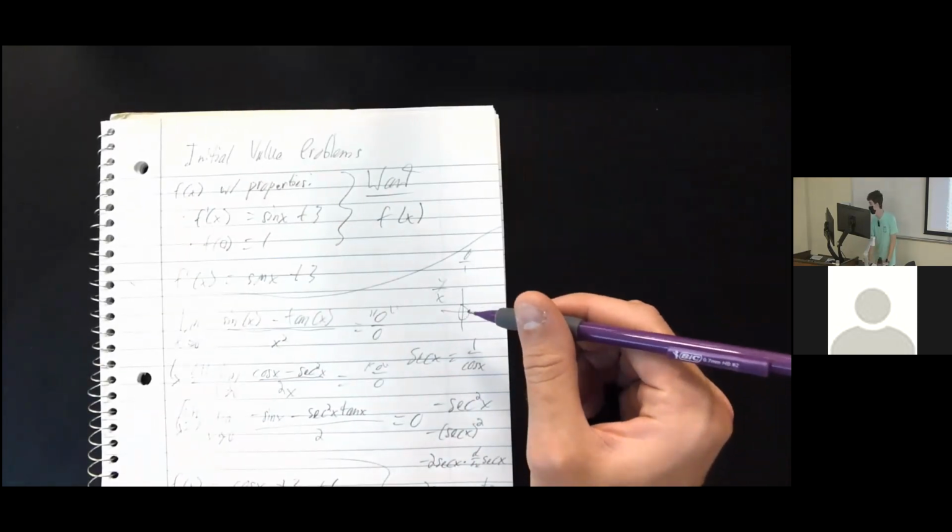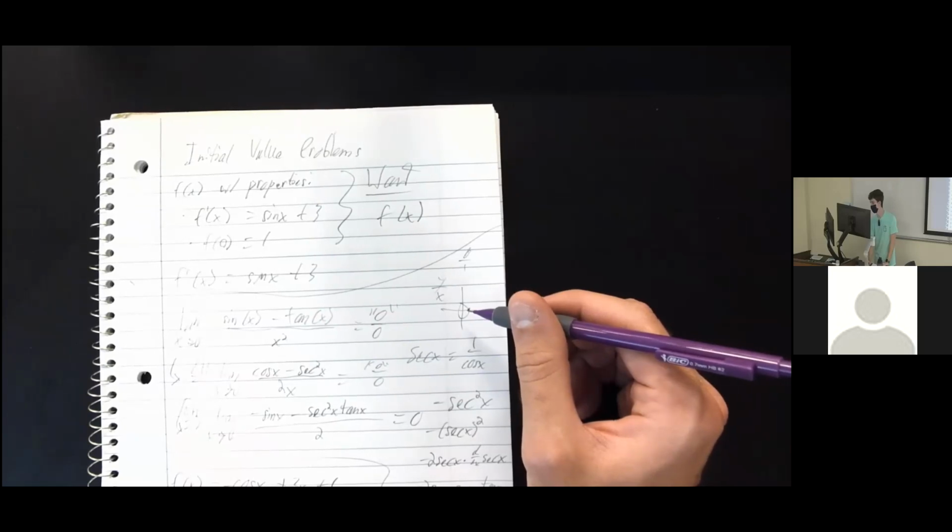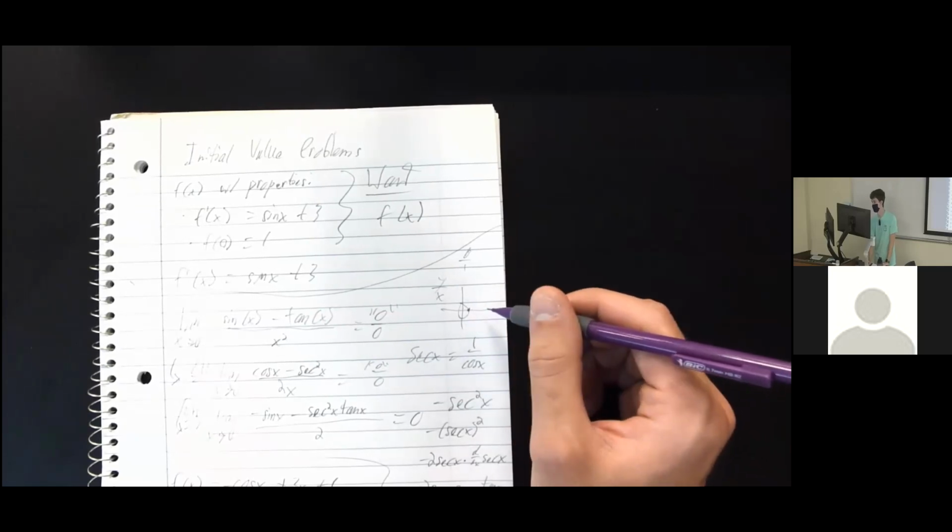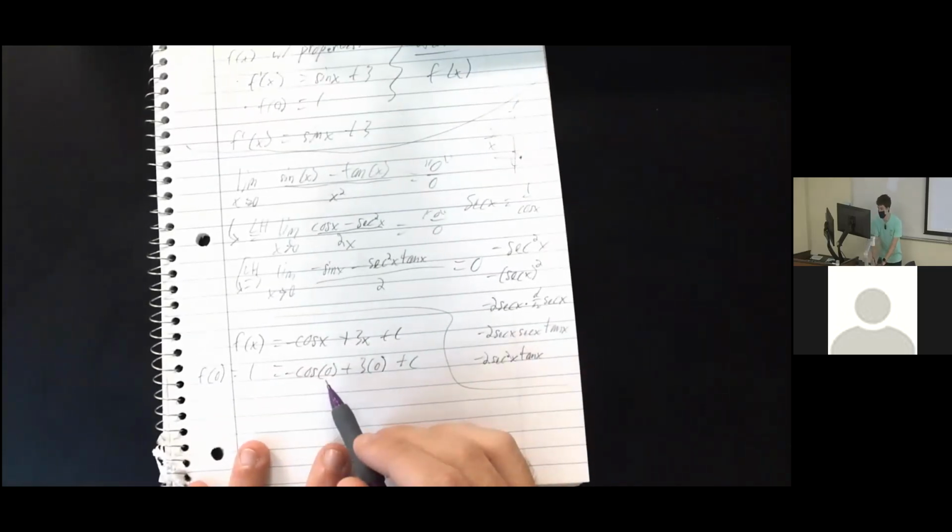Well, 0 on the unit circle is just right over here on the x-axis, and that's a distance of 1 to the right horizontally. And we know that cosine corresponds to that x distance, that horizontal movement. So the cosine of 0 is just 1, but because of the negative, we know that's going to be -1.